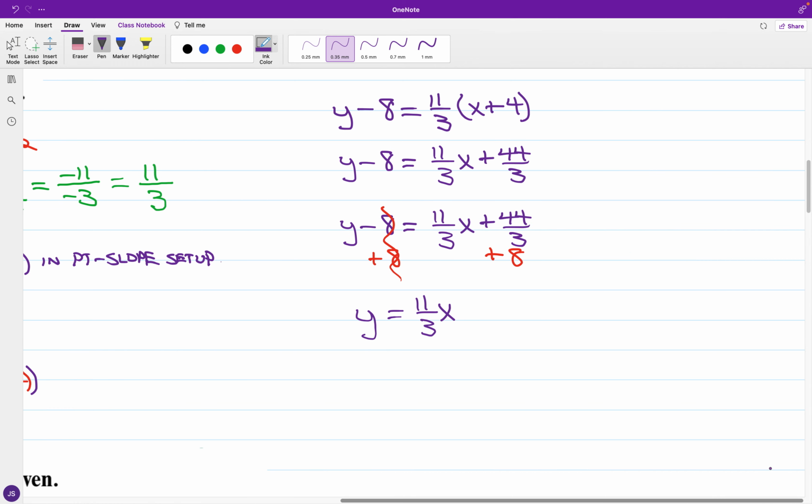Now for what I have in the case of 44/3 plus 8, so I have 44/3 plus 8/1.